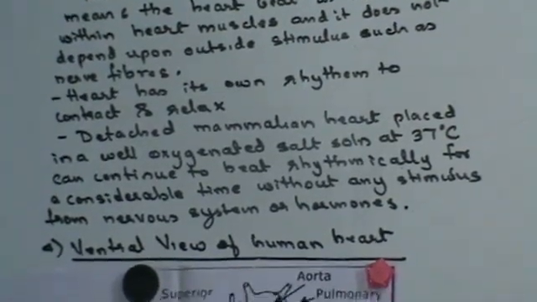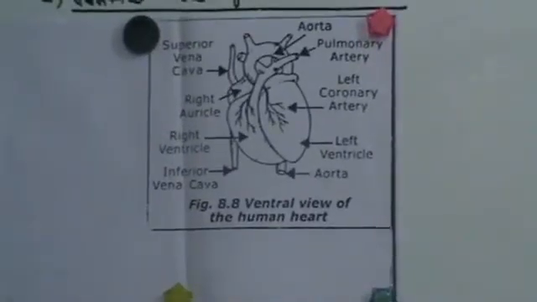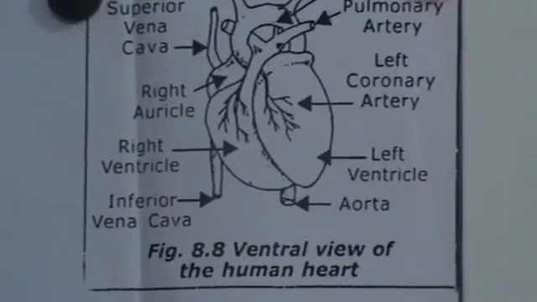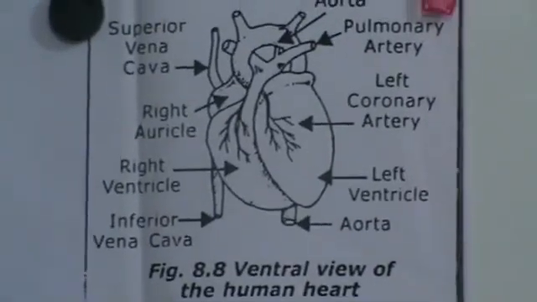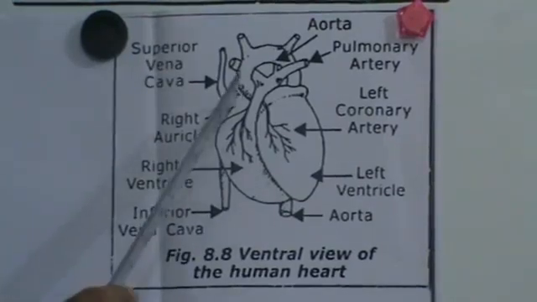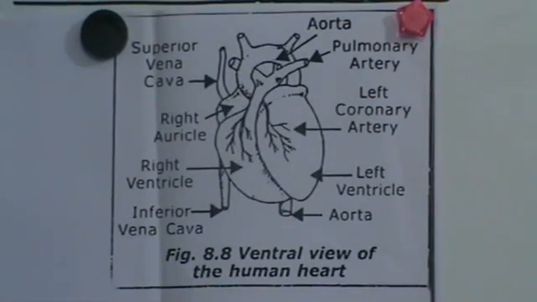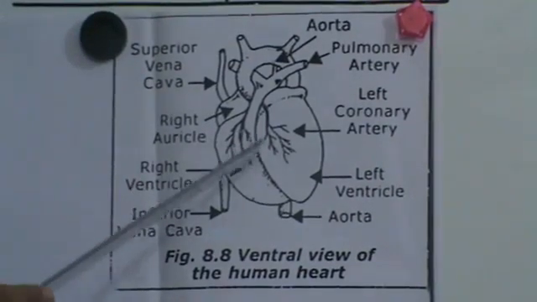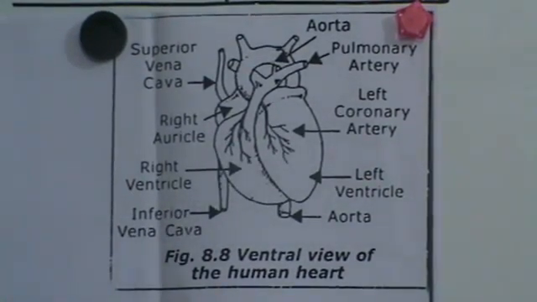Now let's try to understand this, guys. The human heart has 4 chambers, 2 small thin-walled chambers called the atria or the auricles. Here you have the 2 auricles, and 2 large thick-walled chambers called the ventricles. These are your ventricles, right?